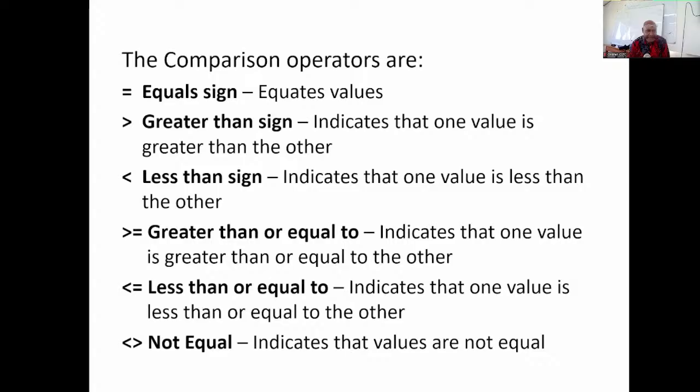Equals must come before all the other values in a formula. If you're doing multiplication, you put equals 10 times 10, and you'll get the answer. You don't put it at the end.